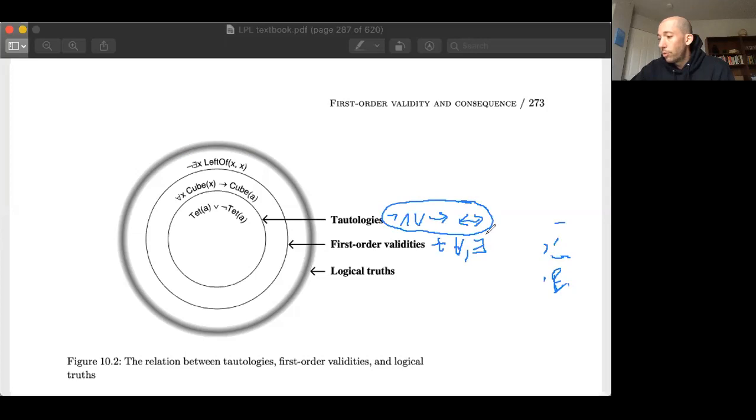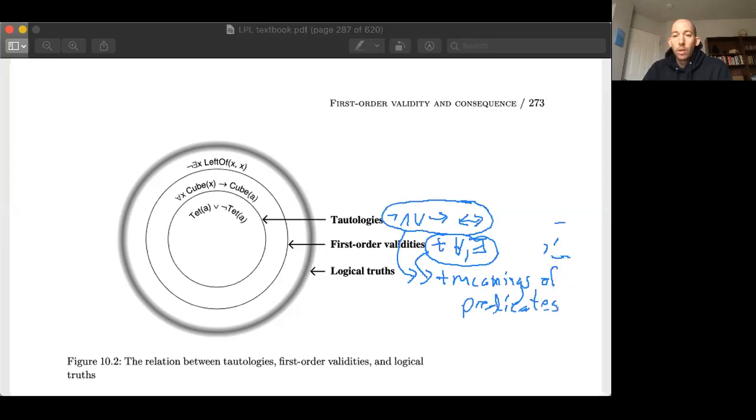And logical truths are taking all of that, these two, plus the meanings of predicates. With one small exception. The one predicate that we're going to include as part of the first order validities is identity.